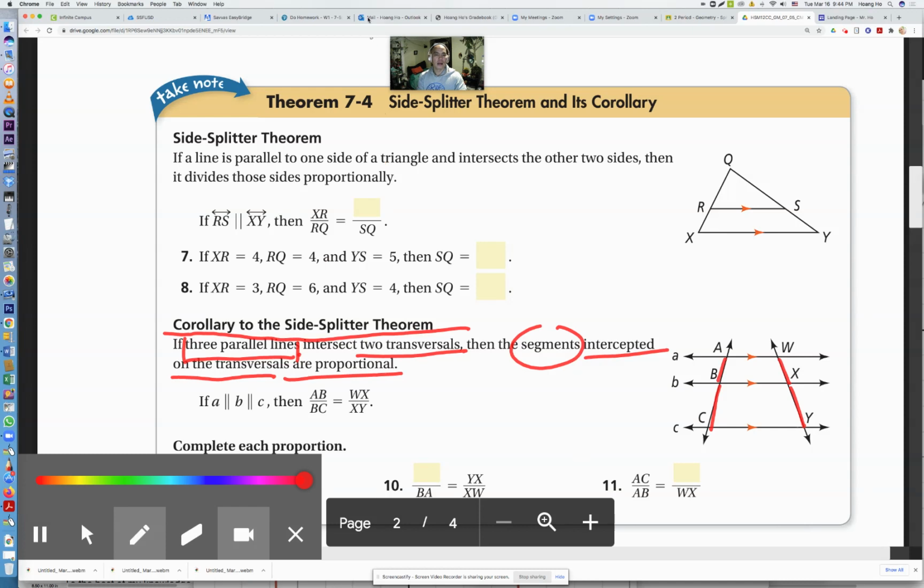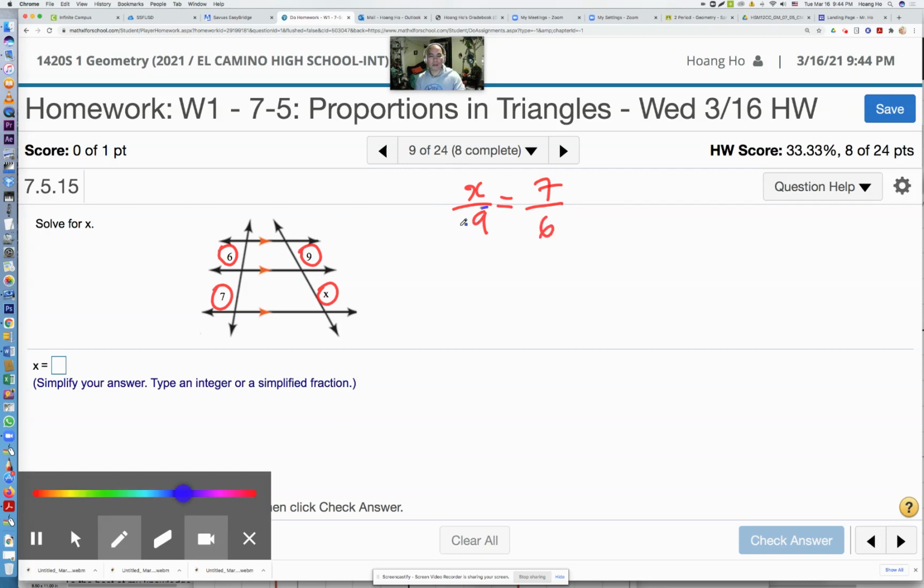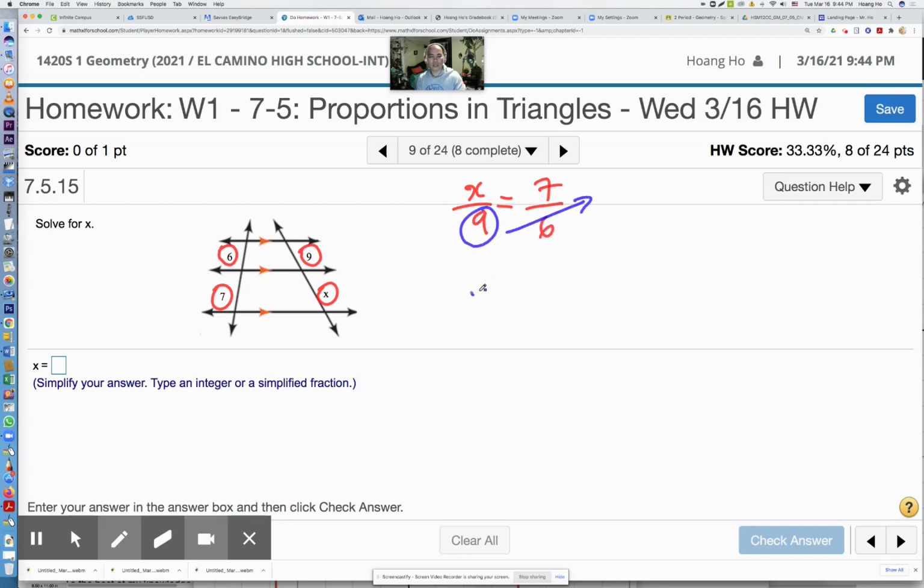Okay? So go back to your number 9 over here. So I can set it up. How about x divided by 9 equals 7 divided by 6. So now I cross number 9 over here. So then I got x equals 7 over 6 times 9. Okay.